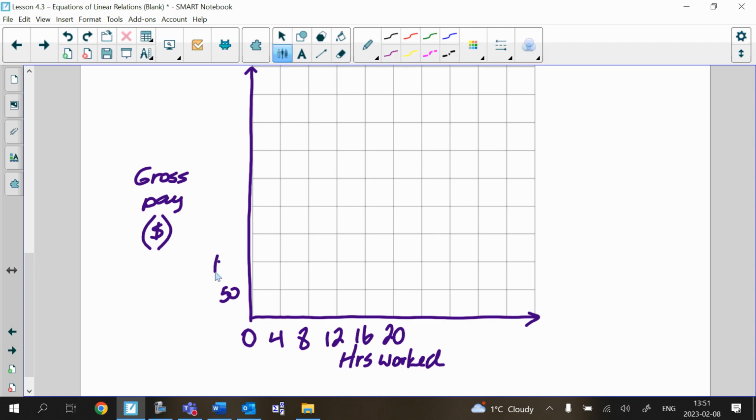So $0, $50. 4 hours is 110. 8 hours is 170. 12 hours is 230.